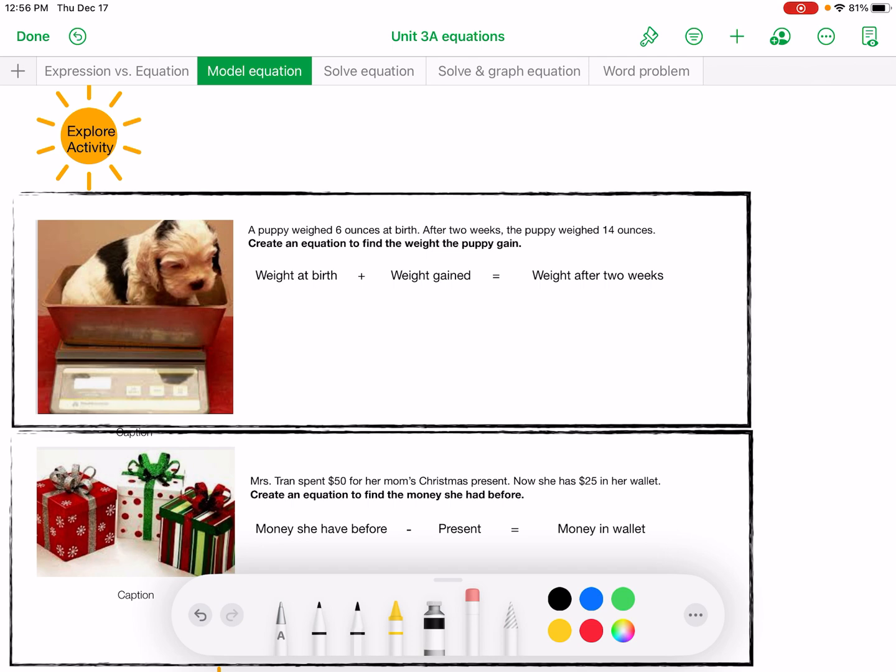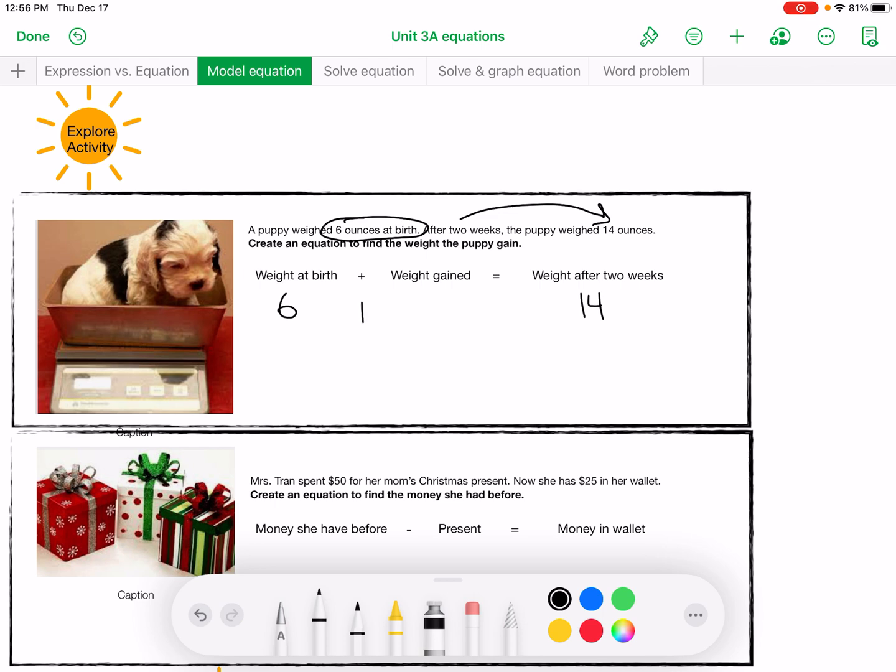A puppy weighed 6 ounces at birth. After 2 weeks, the puppy weighed 14 ounces. Create an equation to find the weight that the puppy gained.